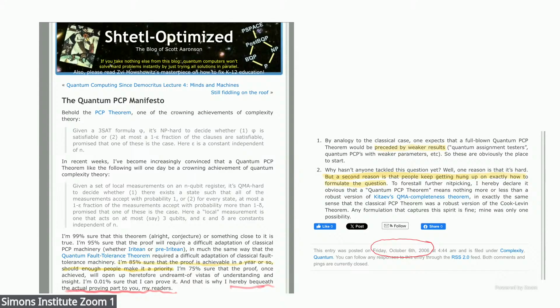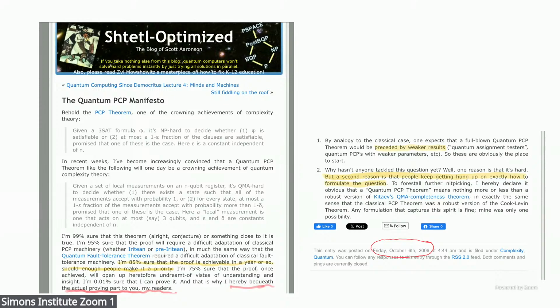We're still quite far from even formulating the correct weaker results to prove. And he also says that even for the quantum PCP itself, maybe there are questions about how to actually formulate it. I think we understand this a bit better now: for the full quantum PCP, a bunch of different formulations are actually equivalent, but for weaker formulations, we're not quite sure what the right one is.